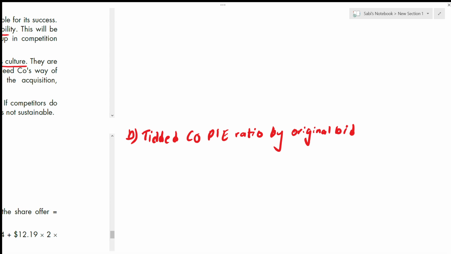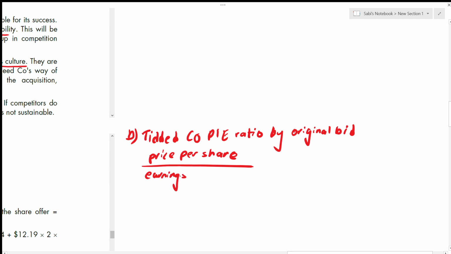What do we need to calculate the price earnings ratio? What is the method? Method is price per share divided by earnings per share, right? I'm writing the formula. It's very important that you write the formula, then only you will understand why we are using this figure. You need to know this.